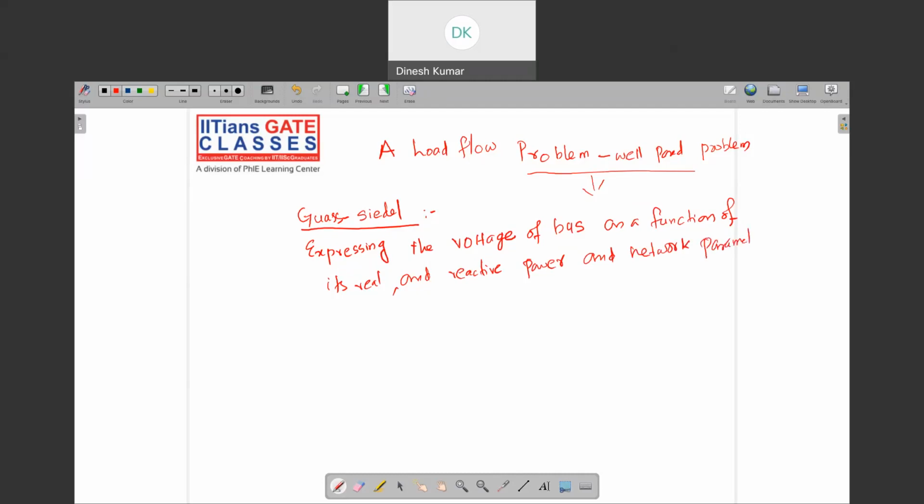I will be explaining this statement. This is the most important part of Gauss-Seidel: expressing the voltage of a bus as a function of its real and reactive power and network parameters.